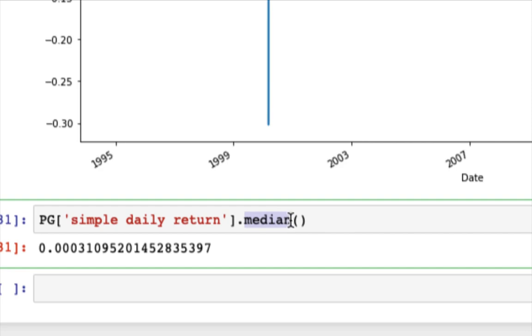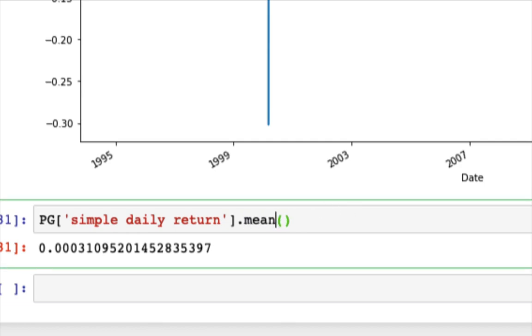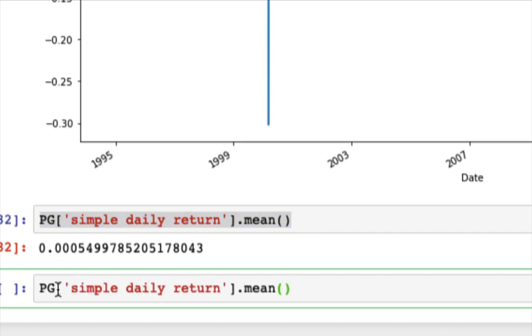It's not my task to explain the difference between mean and median. I seriously hope you know it. Let's go back to the mean. Given the mean daily return, let's calculate now the yearly return. How do we do it? Well, a rough approximation is multiplying this by the number of days that you have.